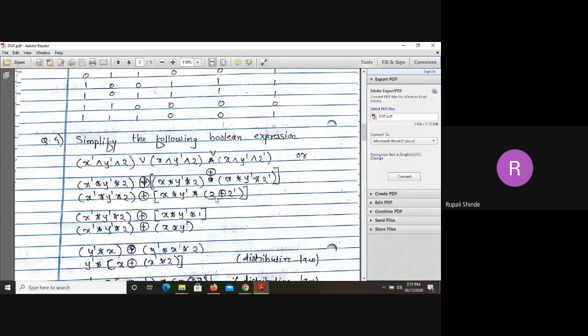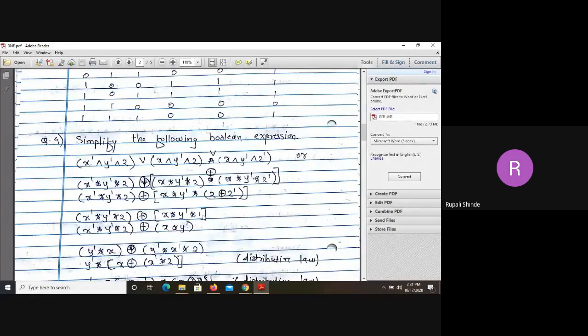Now what is the value for Z XOR Z complement? And this is just like 1 plus 0. So answer for this term is 1. That we have written here. Then first part, that is first term, is as it is, XOR X star Y's complement star 1.